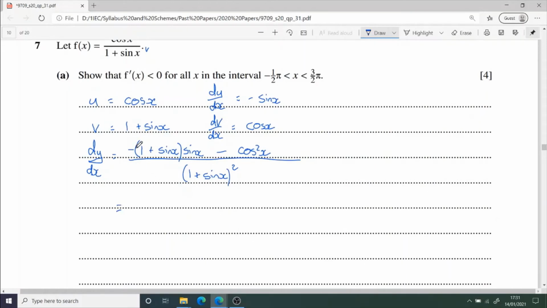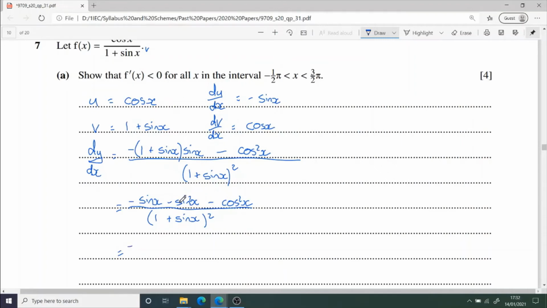So let's expand this now. We get minus sin x minus sin squared x minus cos squared x over, let's leave this factorised for the time being, 1 plus sin x all squared.